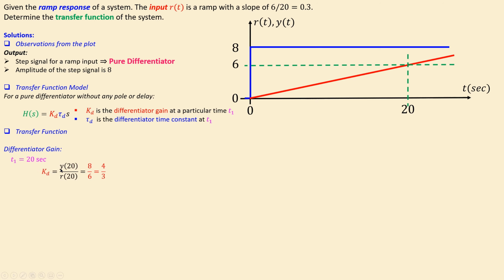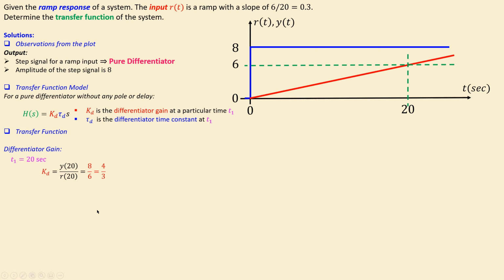You can see that the response, the blue line, at 20 seconds is 8, and the input, the red line, at 20 seconds has a value of 6. So it is 8/6 for this kd, or simplified 4/3.